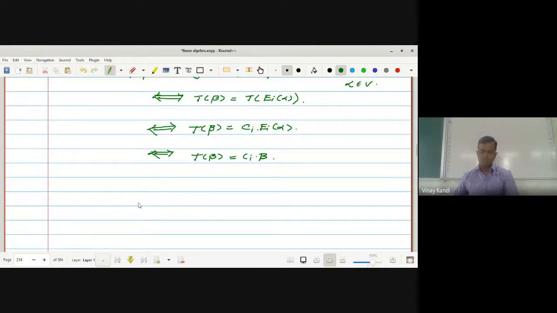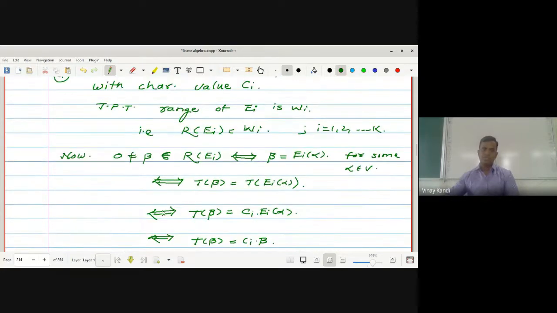So this shows that beta is a characteristic vector of T with respect to Ci. But what is Wi? Wi is the characteristic space corresponding to Ci. That means Wi contains all the characteristic vectors corresponding to Ci, and beta is a characteristic vector corresponding to Ci. So this implies beta belongs to Wi.